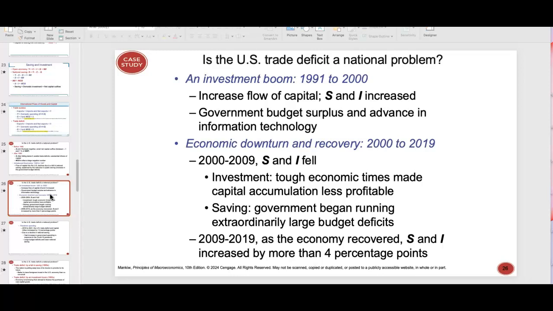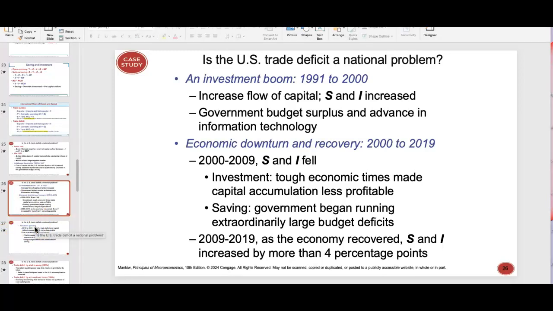And then we move to the 2000s. In the 2000s, we had the 9/11 attack. We started the war in Afghanistan. We moved into the 2007 to 2009 recession. Then it took a while to get the economy going again, and as we recovered over those 10 years, savings and investment increased, and then we were hit by COVID, which saw again a really big increase in government spending.